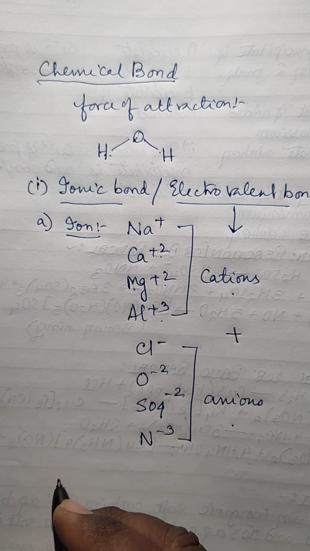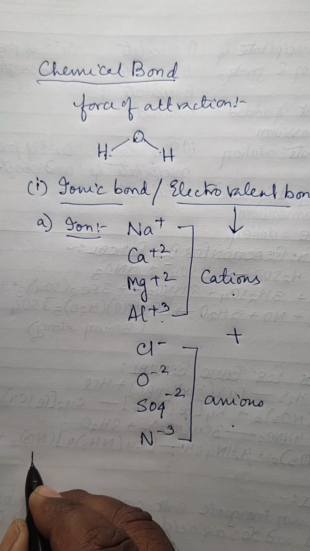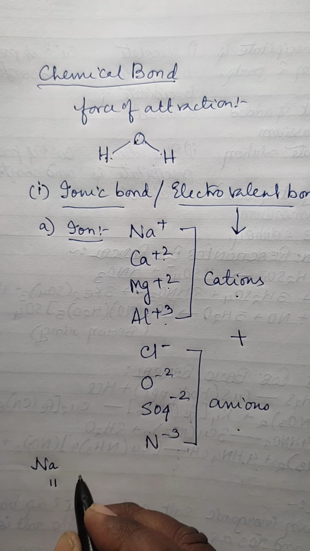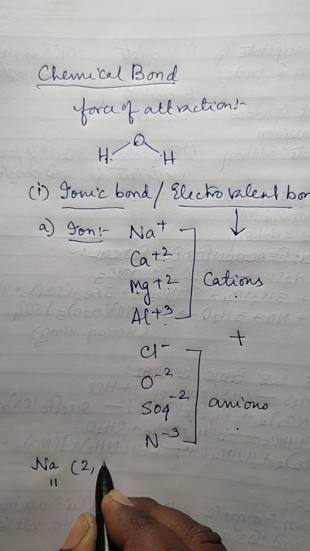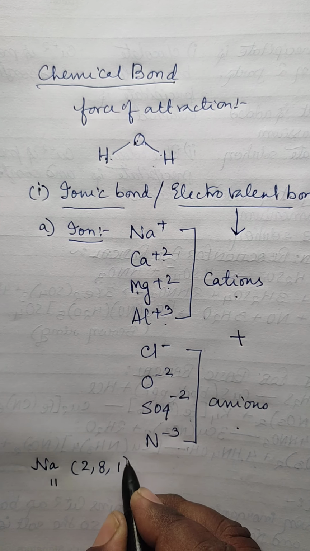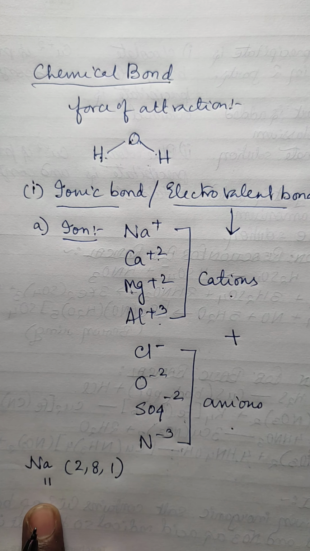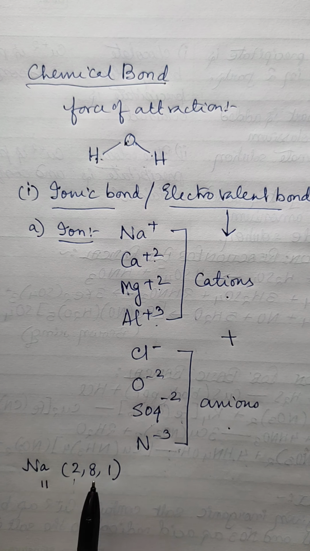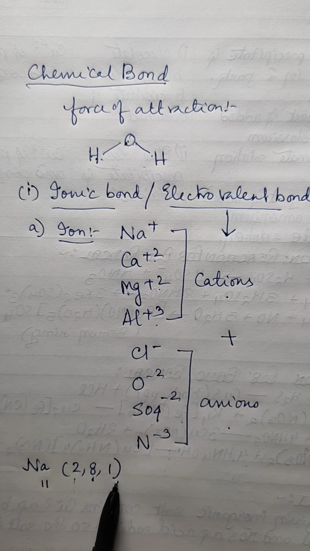Okay, now suppose I have an atom like sodium. Sodium's atomic number is 11, so it has a total of 11 electrons, that means 2, 8 and 1. That means it has 2 electrons in the first shell, 8 in the second shell, 1 in the last shell.